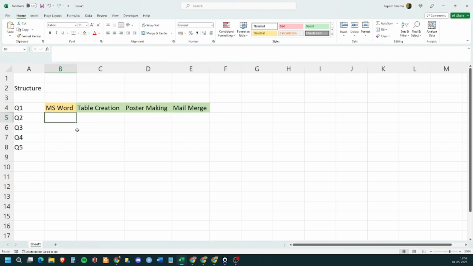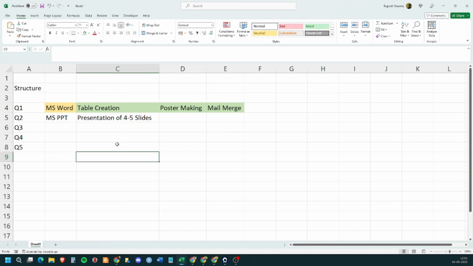Now, next question is of course MS PowerPoint, और इसमें you have a very simple question. You have to create a presentation of 4 to 5 slides. अब इसमें जो स्लाइड्स में जो कंटेंट है वो प्रोवाइड किया जाएगा.